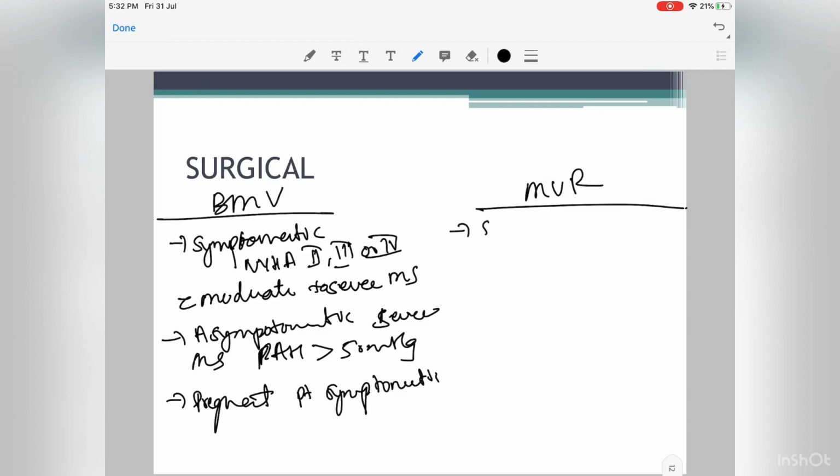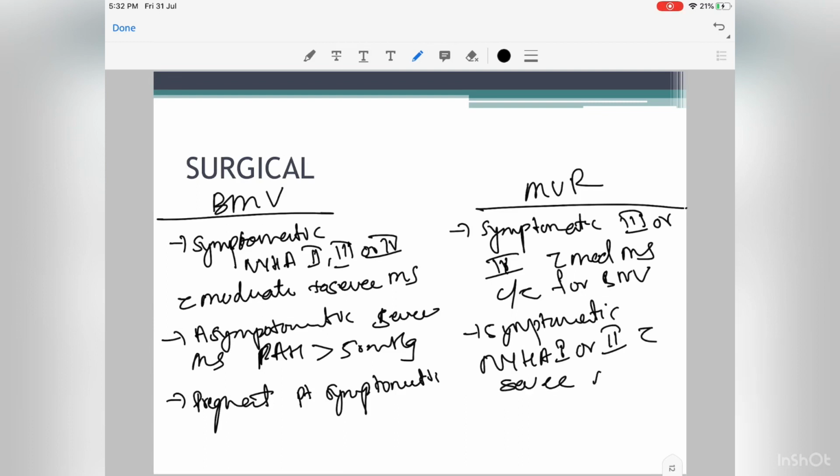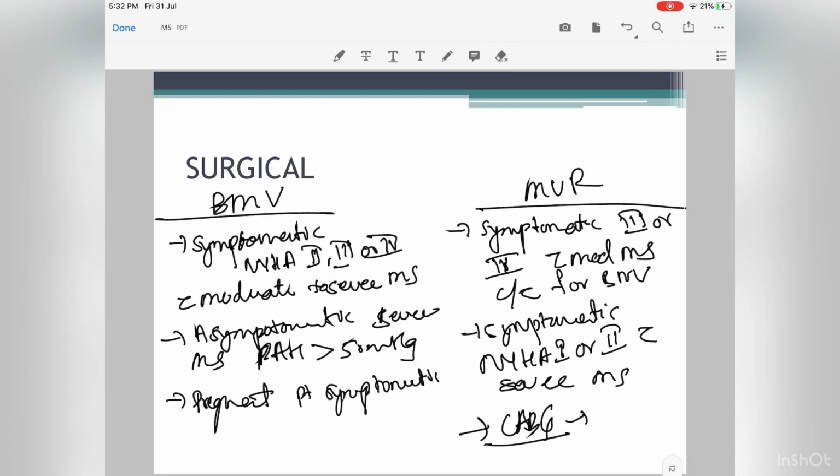The indication for mitral valve replacement is a symptomatic patient with NYHA 3 or 4 with moderate MS with contraindication for BMV, or if the patient is symptomatic even with NYHA 1 or 2 with severe MS, or if the patient is undergoing other surgery such as CABG, along with that if the patient has MS, then replacement of the mitral valve is done.